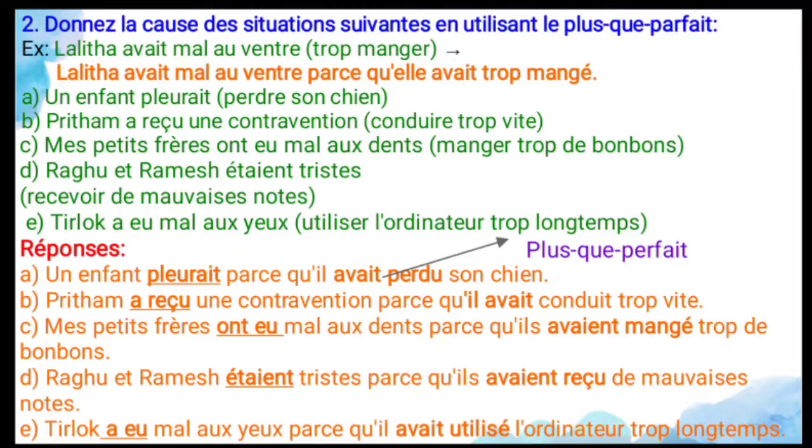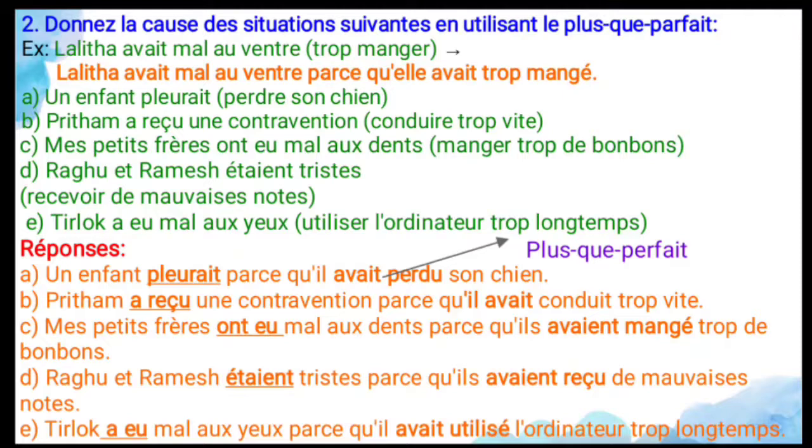And the fourth one is Raghu and Ramesh étaient tristes. So Raghu and Ramesh were sad, and the verb is recevoir de mauvaises notes, they received poor grades. Let's see the answer. Raghu and Ramesh étaient tristes. So Raghu and Ramesh were sad because parce qu'ils.